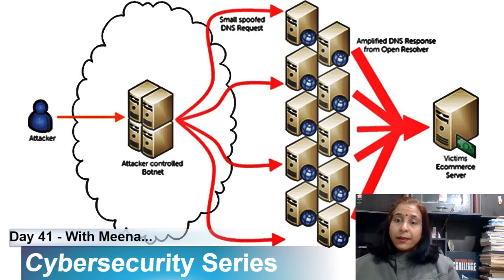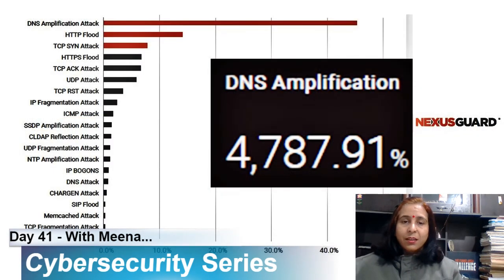The attacker can even send huge data in the form of DNS messages. Clear? It will keep the server busy. That's why DNS amplification attacks increased by 4,788%. This is the latest report generated by Nexusguard.